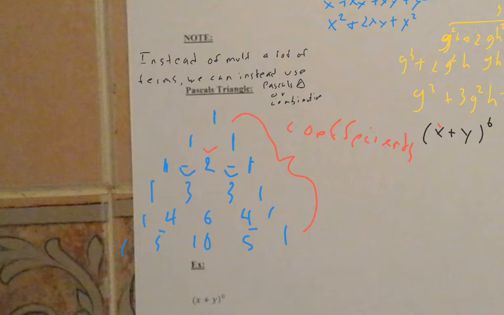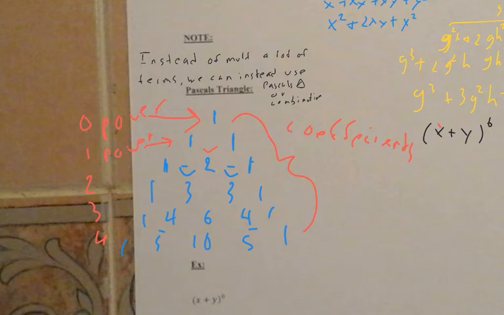But first, this row here represents to the 0 power, or to the power of 0. This represents the first power. Second, third, and fourth.